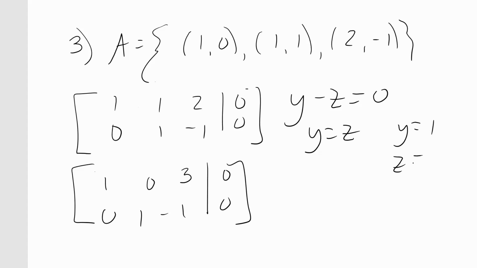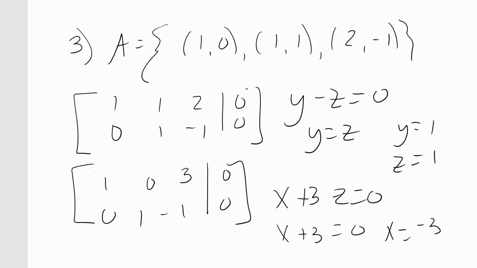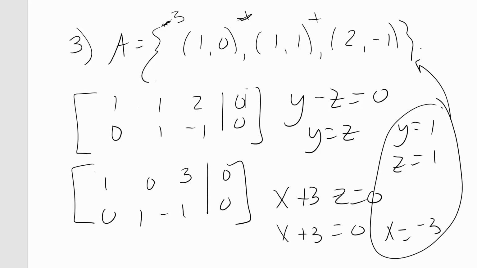So I'm going to say y is 1 and z is 1. My top one says x plus 3z equals 0, or x plus 3 equals 0, so x is negative 3. So if I do negative 3 times my first one plus my second one plus my third one, I get negative 3 plus 1 plus 2, that's 0. Then 0 plus 1 minus 1, that's 0. So yes, using these scalars on the set I was given gives me the ordered pair (0, 0). So that is linearly dependent. I got (0, 0) out another way.